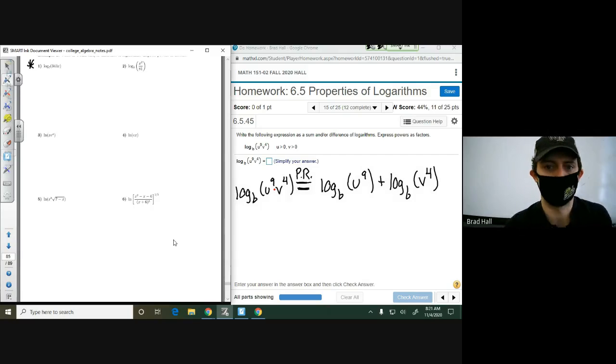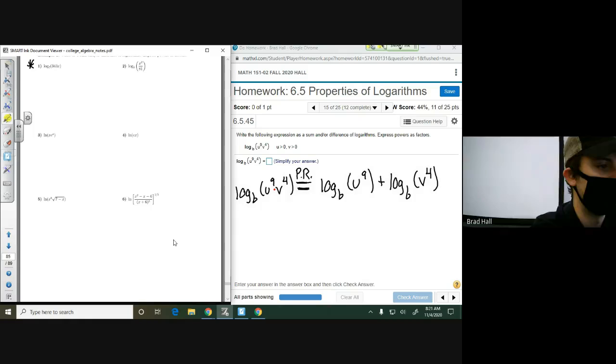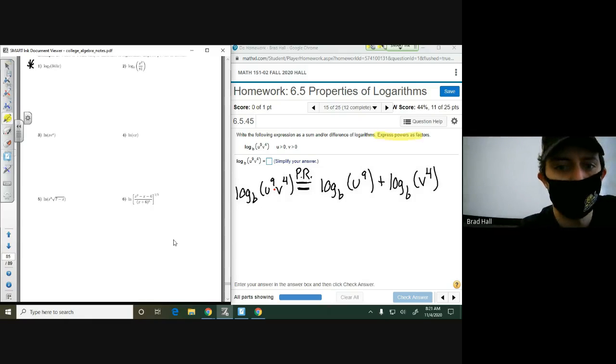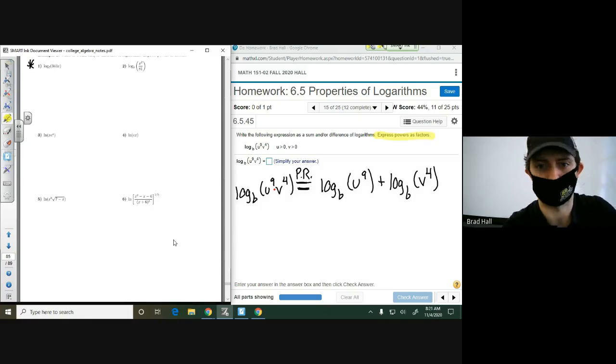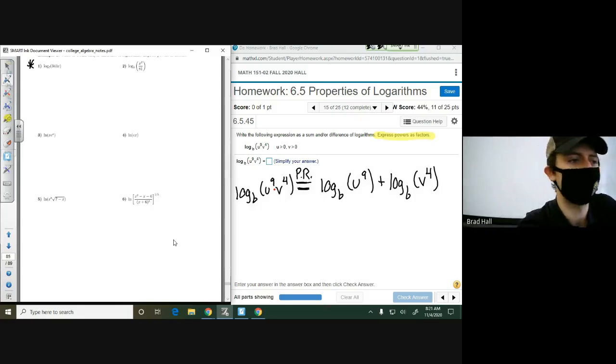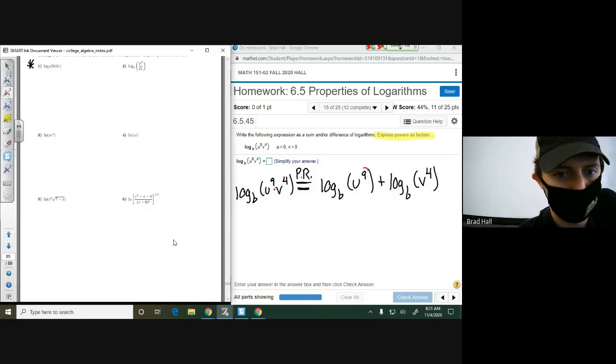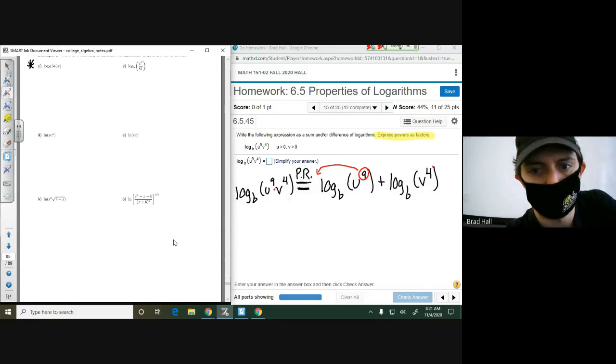But we're not done, because they have this additional condition here that says express powers as factors. What that means is if you have any exponents, you need to bring them to the front. So you'd bring 9 to the front of that logarithm, and you would bring 4 to the front of this logarithm.